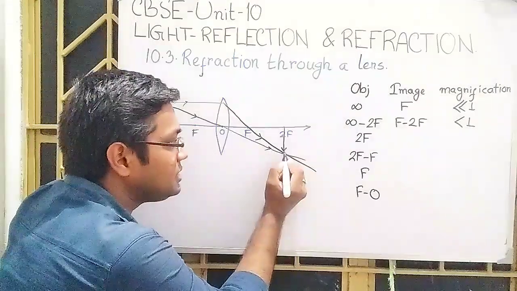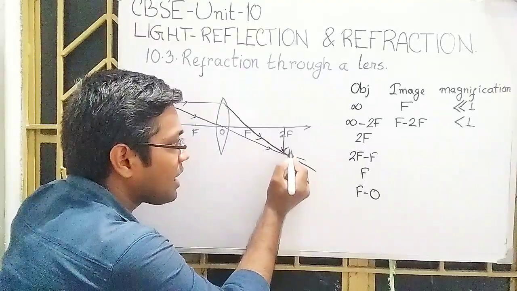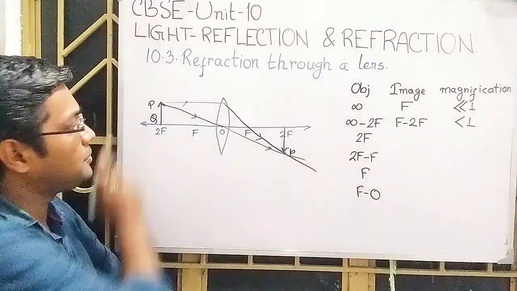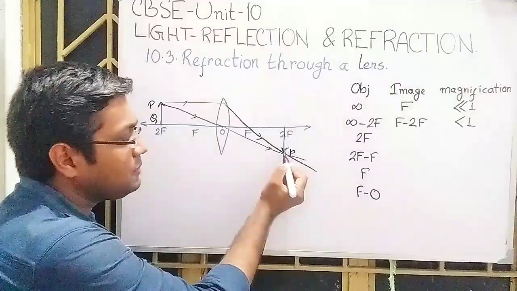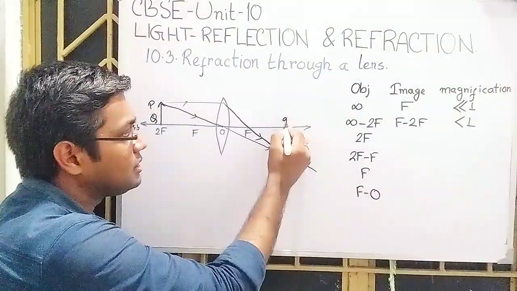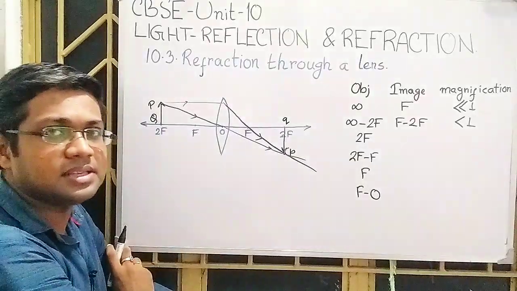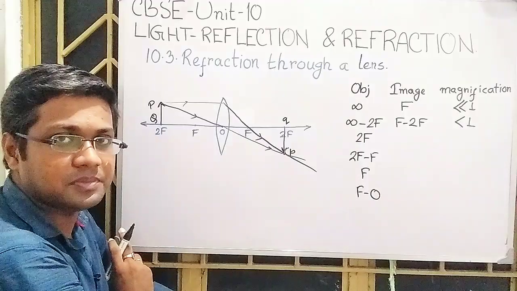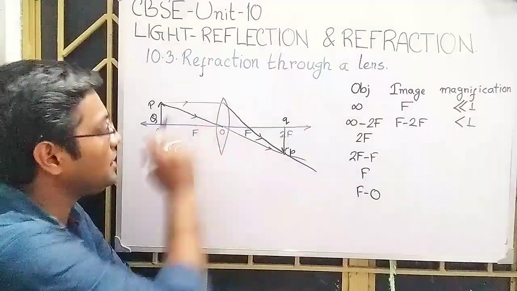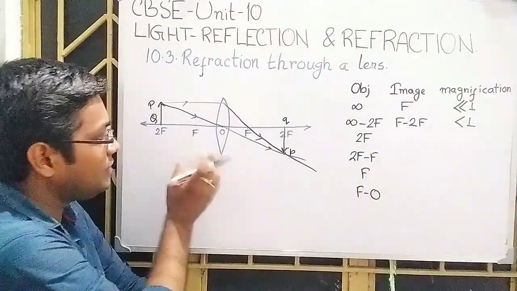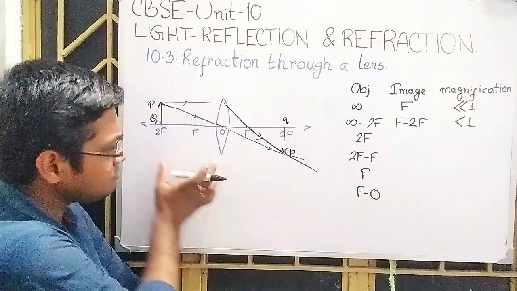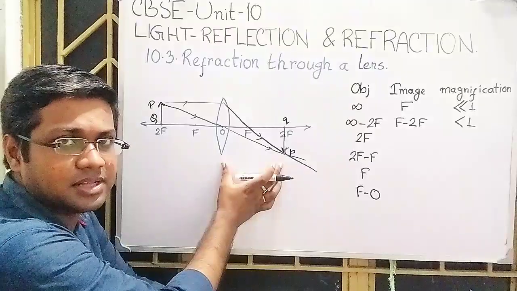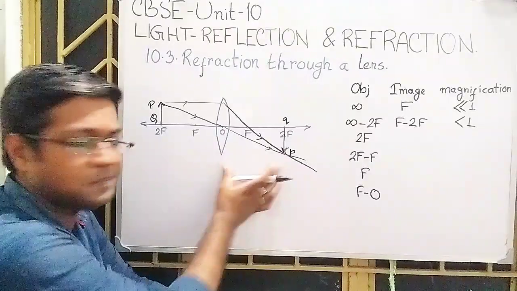These two rays intersect at this point, and this point is the real image of the point capital P. If I draw a perpendicular, it intersects the principal axis at the point 2f, at the point Q. So small pq is the image of capital PQ, and from here it is clear that if this is the object distance, the image will be formed at the same distance from the lens.